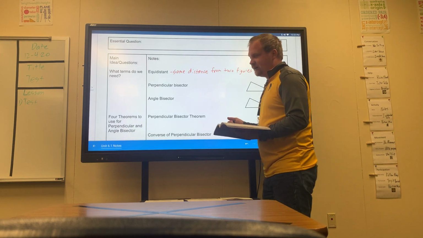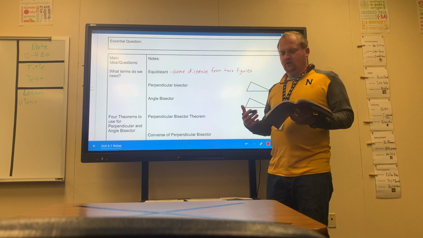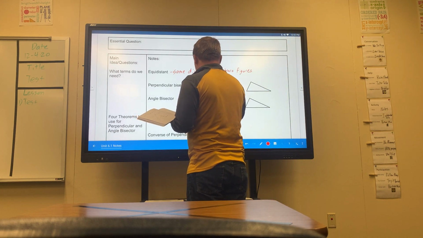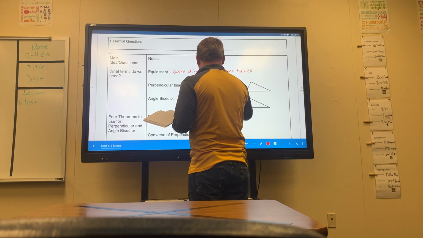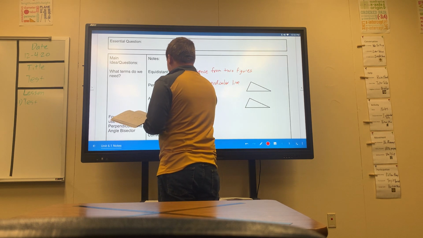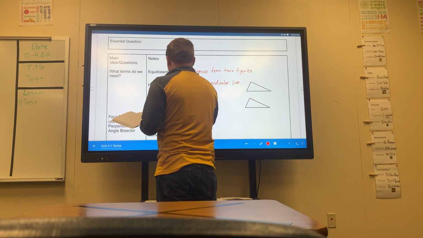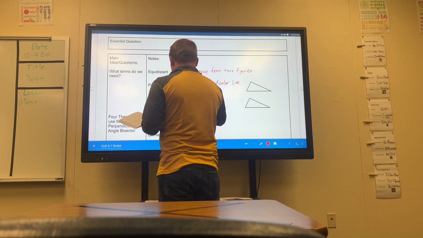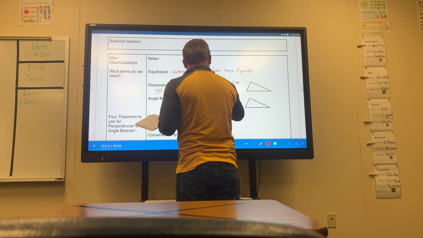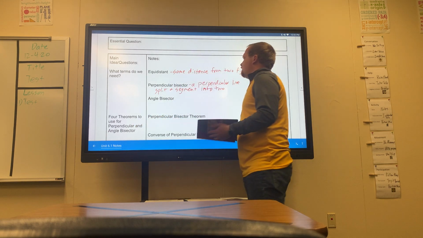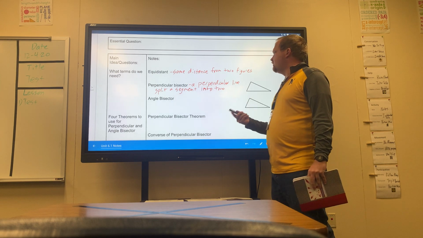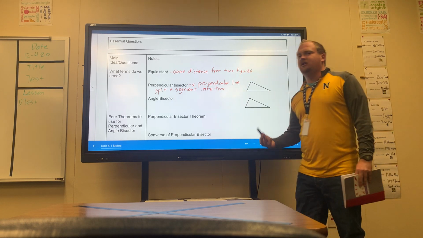Now, perpendicular bisector is something new. Perpendicular bisector is a perpendicular line that splits a segment into two.